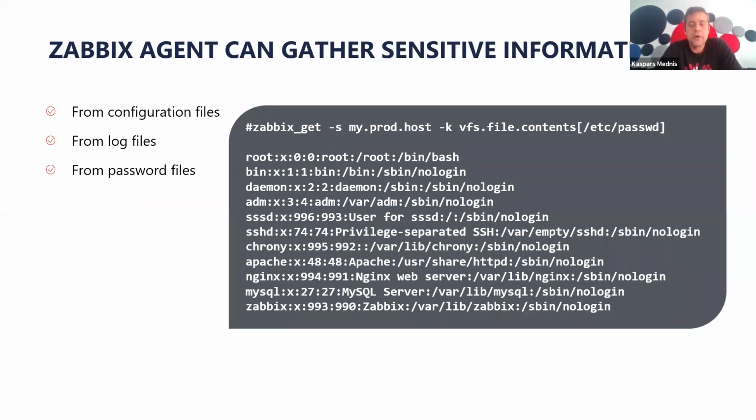Also other files with plain text passwords maybe can be stored on the system, or log files may contain some sensitive information. So all this usually is accessible by default with some Zabbix file keys. Of course, if Zabbix agent has read permissions, yes, but as you can see, etc passwd is always accessible by default. So that's one security issue.